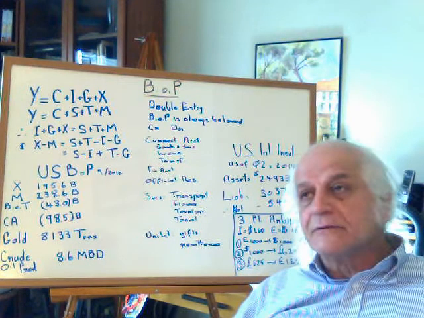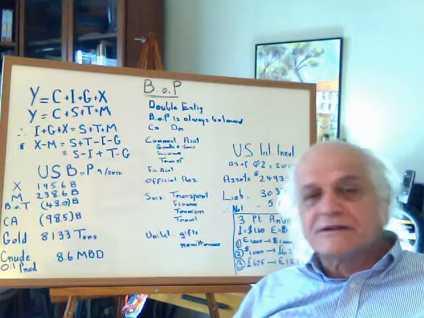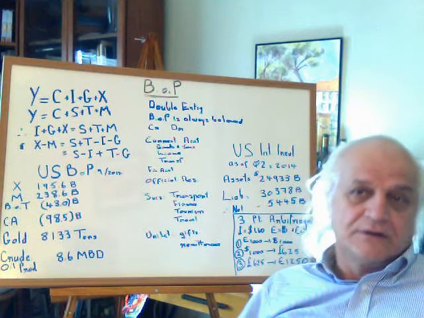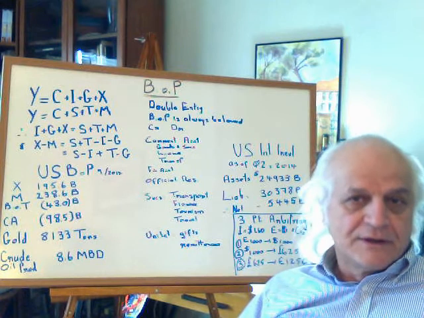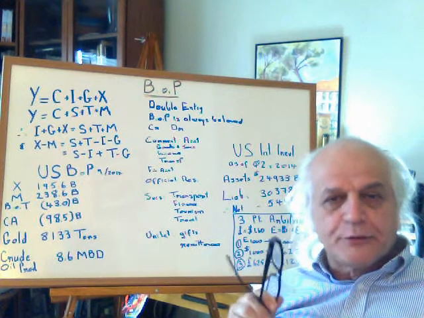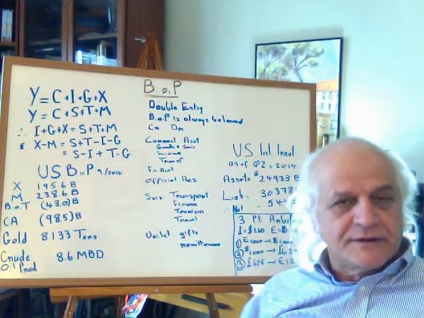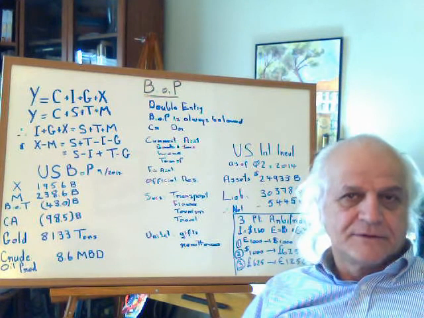Why is it negative? Well, because there's a trade deficit. Now, is it very highly unrealistic? And the answer is, of course not, especially when you talk about a country such as the United States. The US has been in a persistent trade deficit ever since 1976.